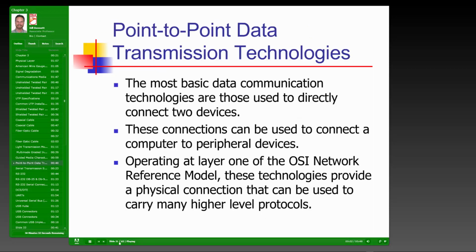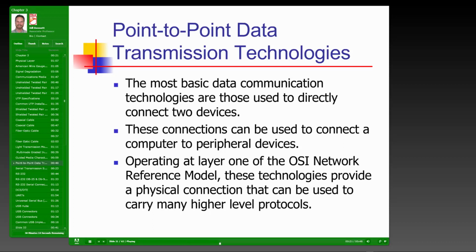Now that we've finished talking about the different media types, we'll move on to talking about transmission technologies. The first is point-to-point data transmission technologies, which is probably the most common data communications method used to directly connect two devices.